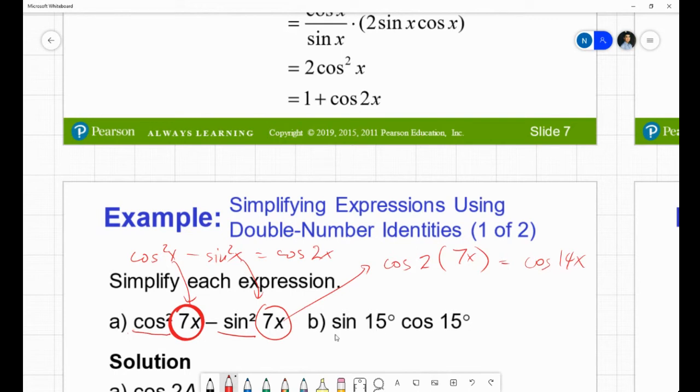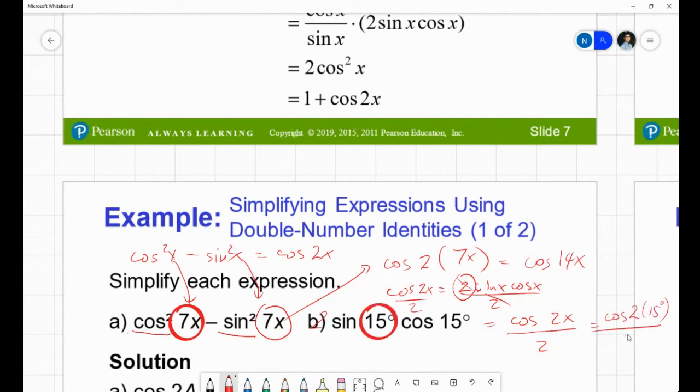And over here, you notice that we don't have a 2, right? You should know that sine of 2x is equal to 2 sine x cosine x. But since there's no 2 here, we can just divide by 2 on both sides. So now we have sine x cosine x is equal to sine of 2x over 2, and this x right here is your 15 degrees.